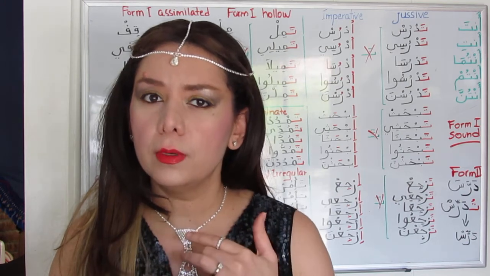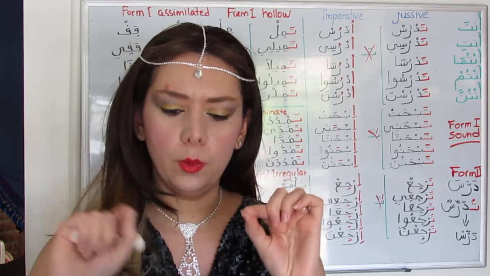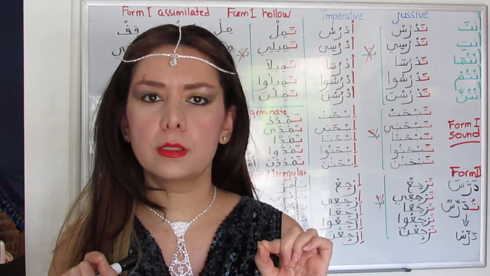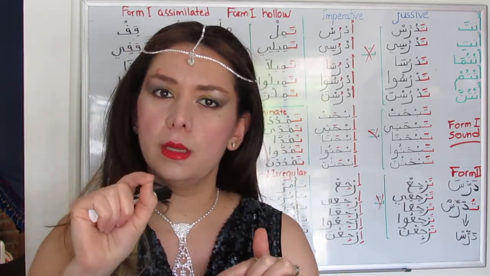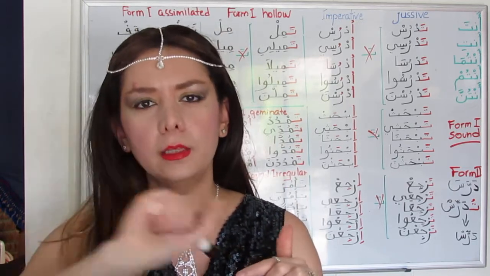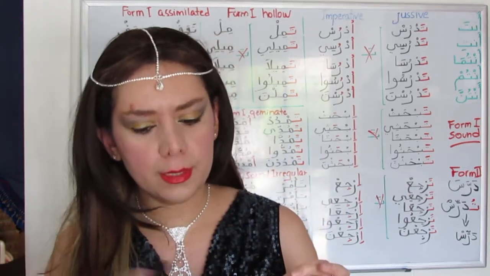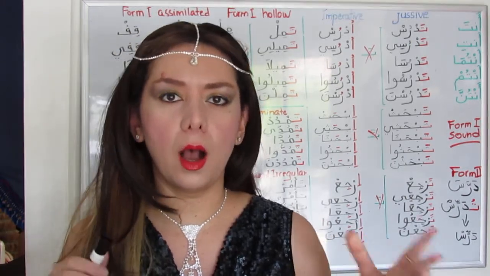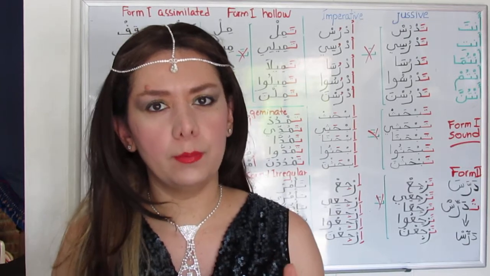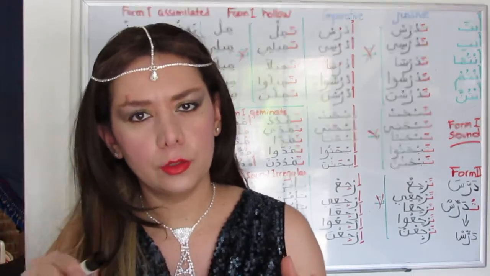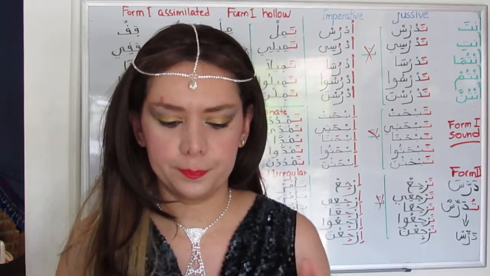If the stem vowel is a dhamma with the U sound, that looks like the tiny waw, your prefix is U. It's an alif with the hamza or not, and dhamma, U. If the stem vowel is a fatha or a kasra, A or E, your prefix is E. For both of them, we have the alif and the glottal stop hamza, or not if you don't want to write it, and the kasra.